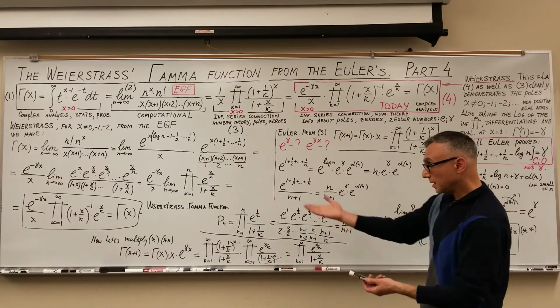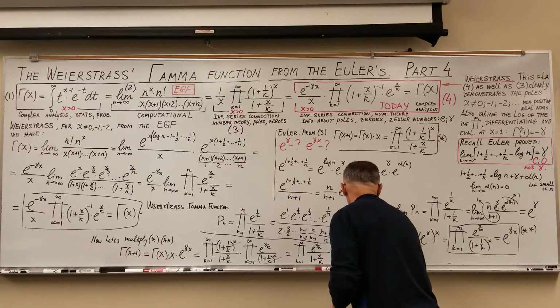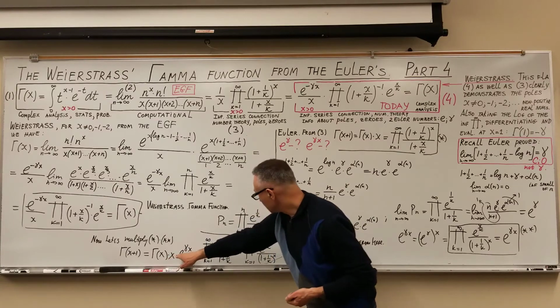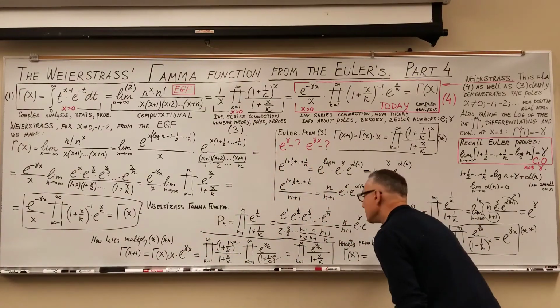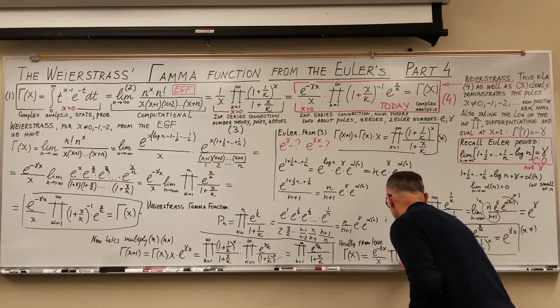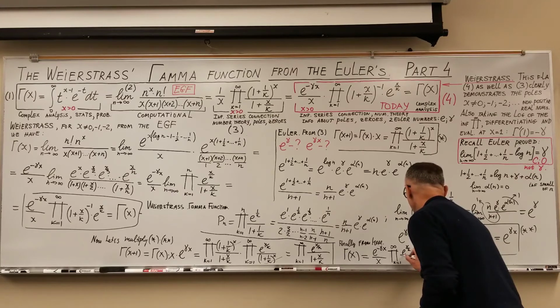So from here, finally, gamma of x will be equal to, if I move e here, e to the minus gamma x, divided by x, and multiplied by this infinite product, k runs from 1 to infinity, e to the x over k, over 1 plus x over k.